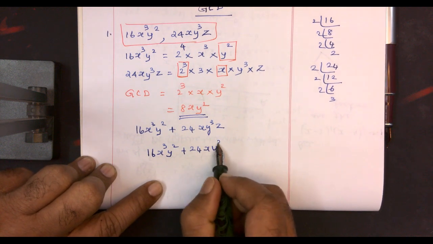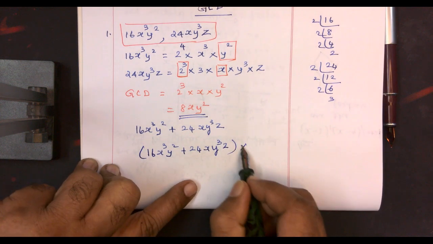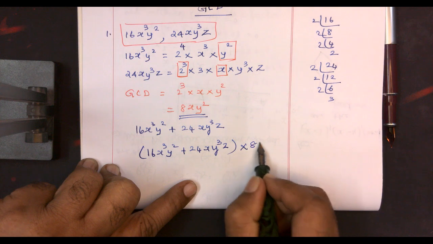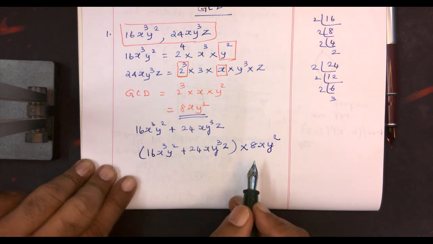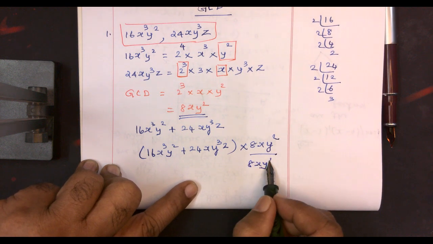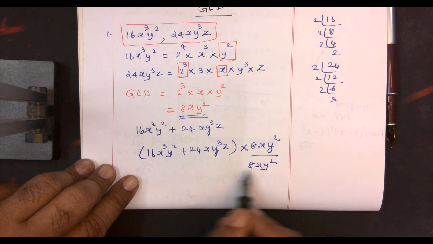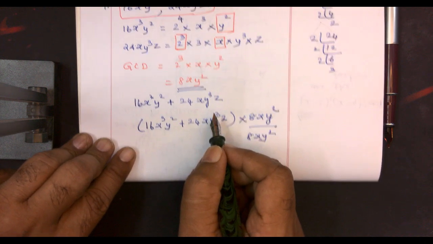plus 24xy cube z. Now what you are supposed to do? Multiply and divide by 8xy squared, right? So 8xy squared. Now we can bring this 8xy squared for each term. Listen here.